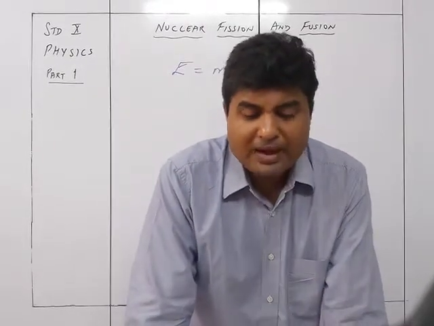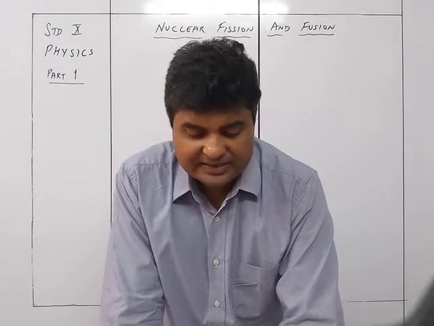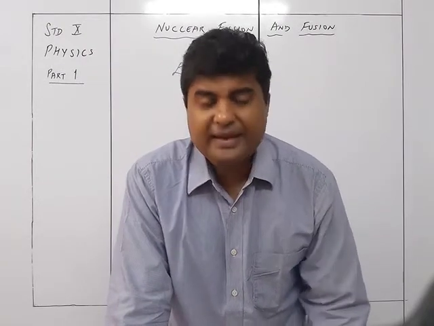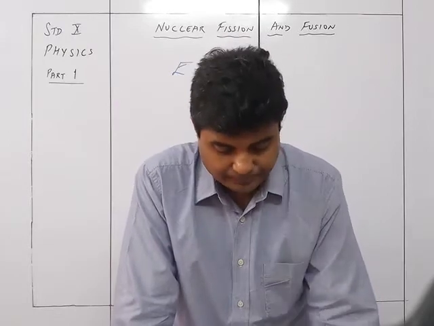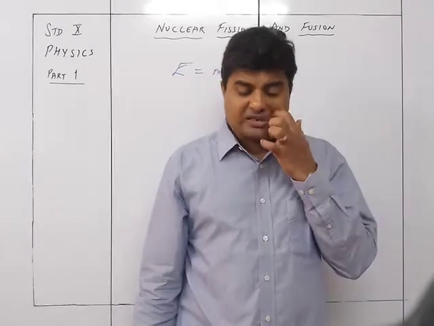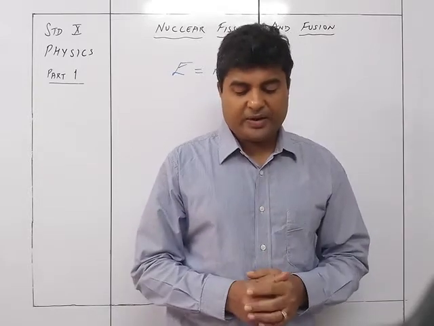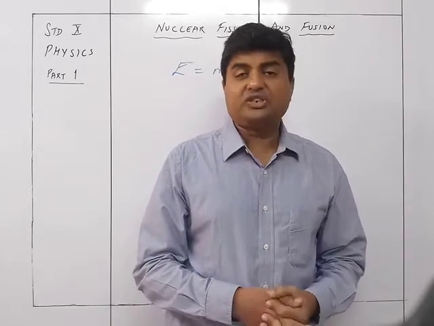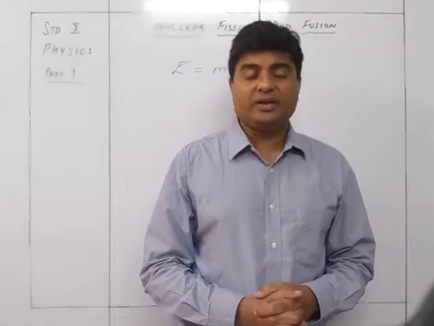Due to loss in mass, delta m, the energy released is E, where E is equal to delta m c square, where delta m is the loss in mass in kg, c is the speed of light, 3 into 10 to 8 meter per second, and E is the energy in joule. The energy so obtained is called the nuclear energy.